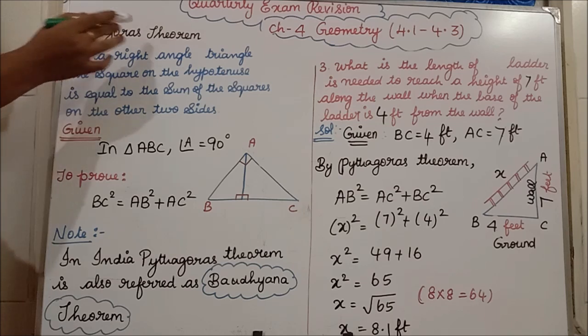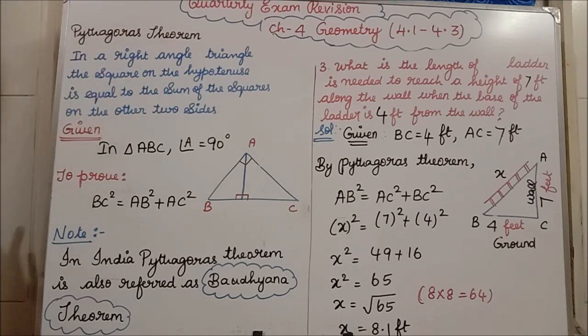You have to prove the Pythagoras theorem only. You should not blink by that time. Here Baudhayana's theorem is also called Pythagoras theorem. Just as we say Thales theorem is also called the basic proportionality theorem, like that Pythagoras theorem is also called Baudhayana theorem.